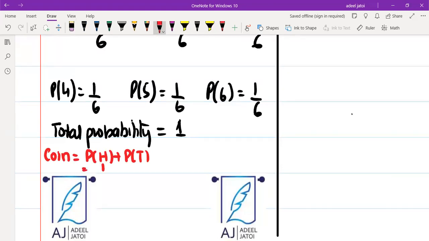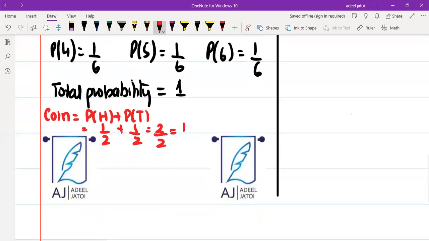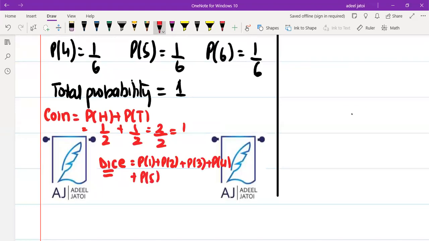The probability of head was 1 upon 2 and the probability of tail was also 1 upon 2, so that is 2 upon 2, which is equal to 1. Similarly, when we worked on the dice, we worked on the probability of 1, 2, 3, 4, 5 and 6.